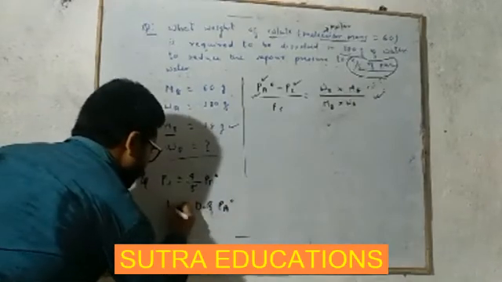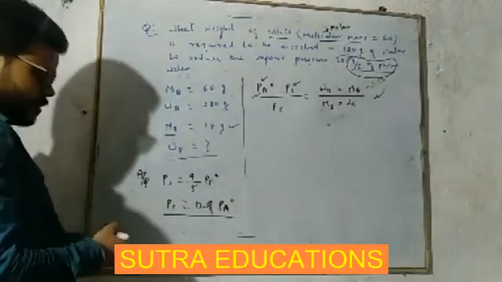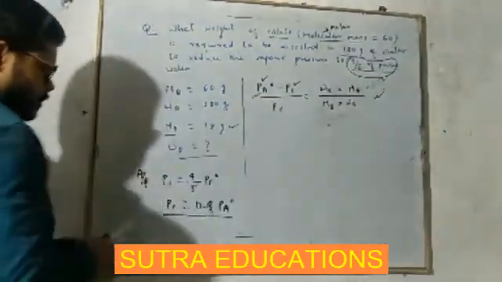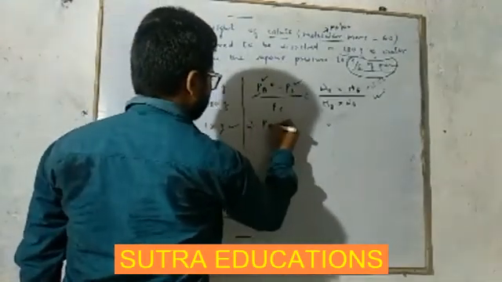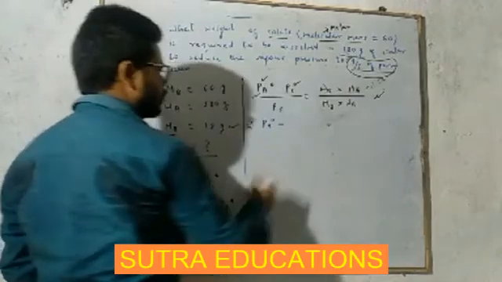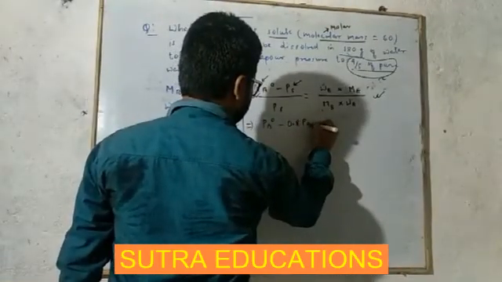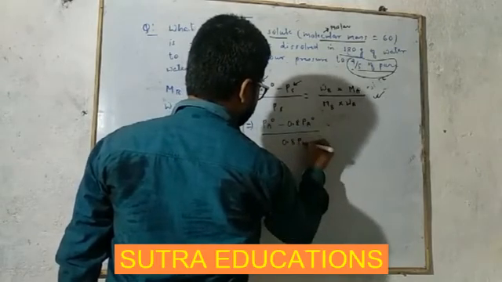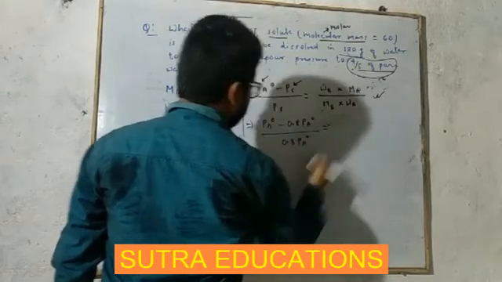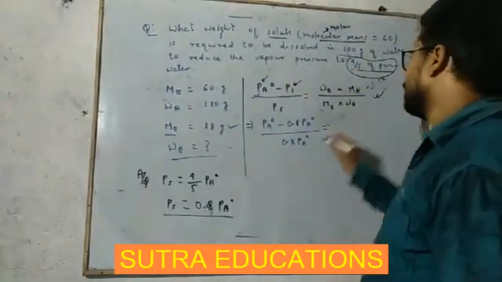So we will say PS is equal to 0.8 PA0. Keep this value here: PA0 minus 0.8 PA0 divided by 0.8 PA0 equals WB, which we have to find out.